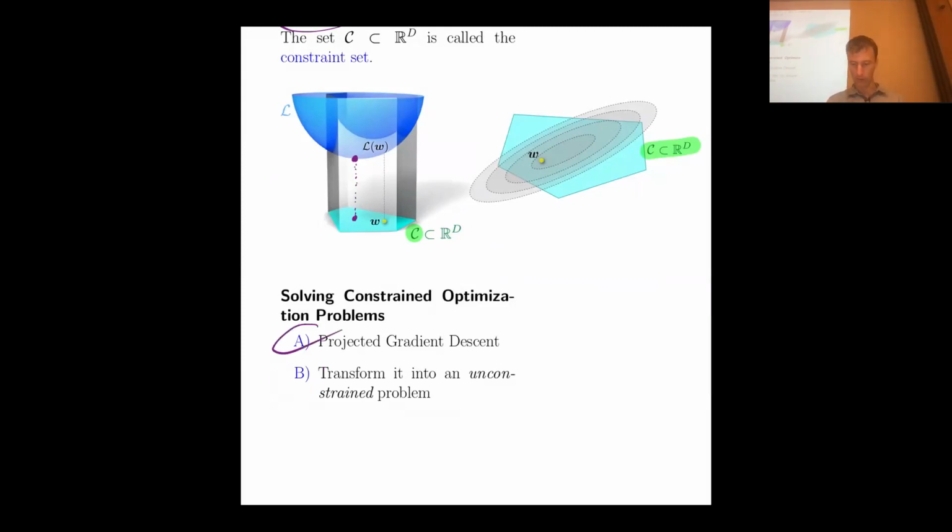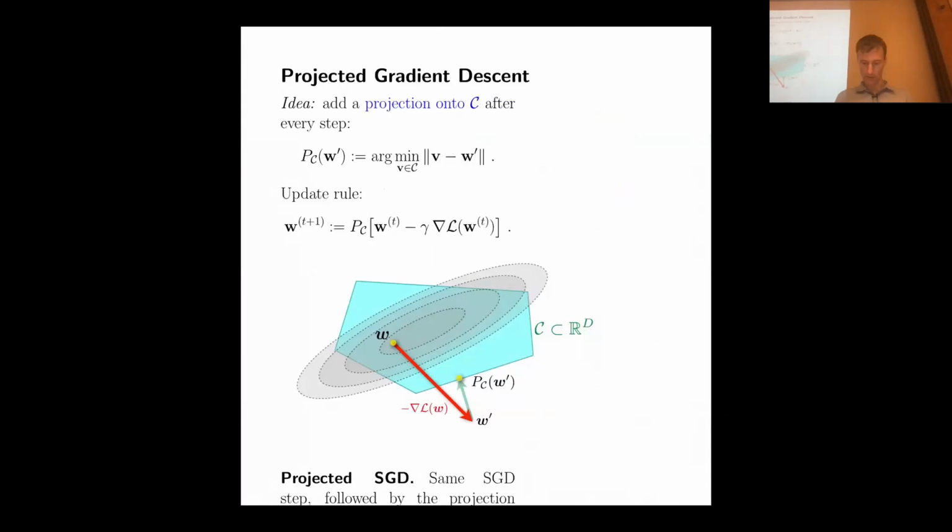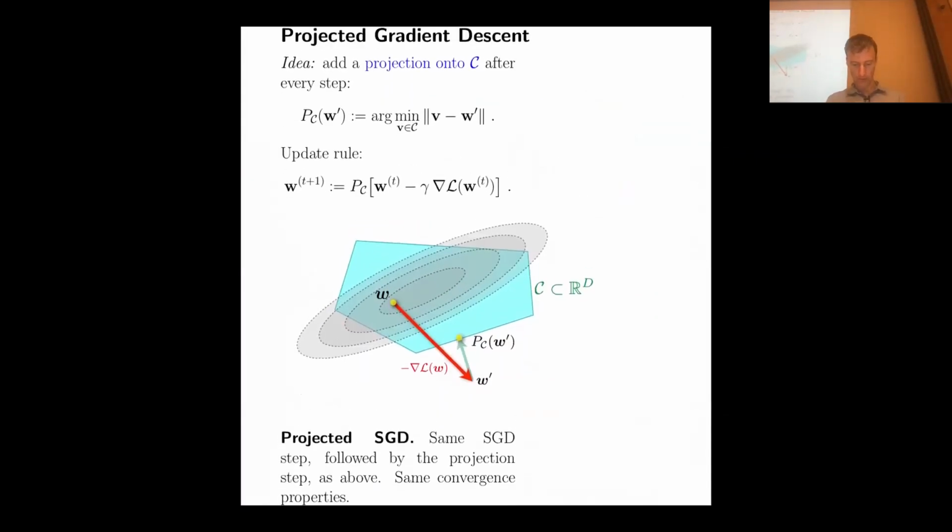But first, we want to talk about the classic method for it, and that's like, can I still run gradient descent? That's always what you should ask, because gradient descent works so well. We understand it. So, can we still run gradient descent when we have constraints? And the answer is, it's not completely obvious, right? And here is why, right?